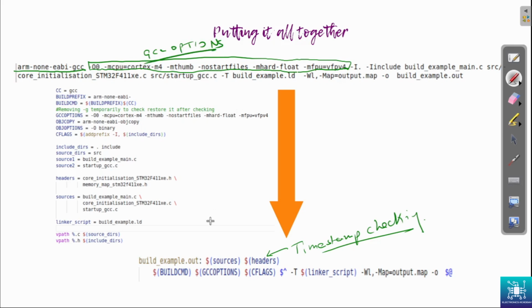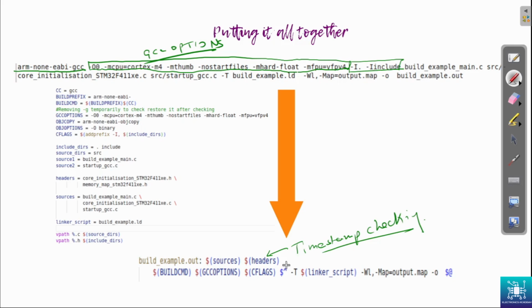All right. Then we have CFLAGS. So what is CFLAGS here? addprefix -I. So addprefix is a command to add -I to your include directories. So include directories is . and include. So it will be -I. and -Iinclude. So -I. and -Iinclude will be this.